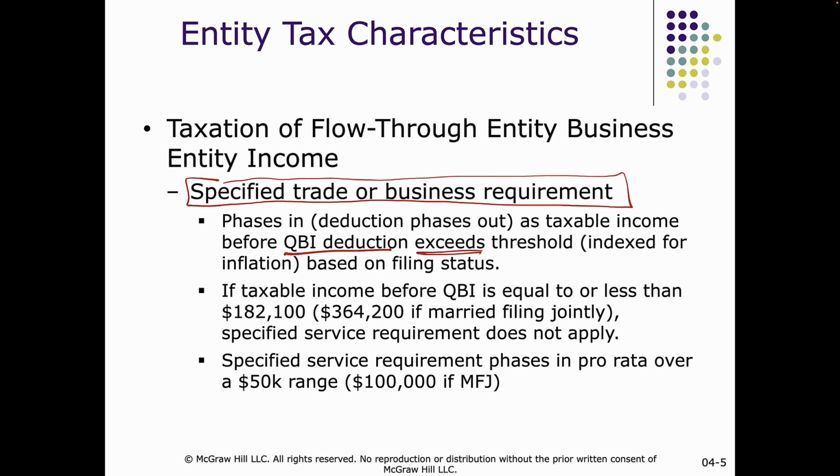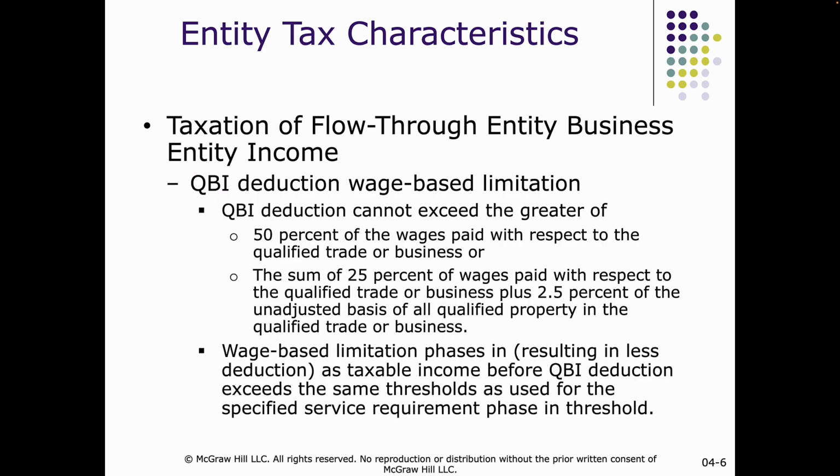So if your taxable income before the qualified business income deduction is equal to or less than $182,100, or $364,200 if you're married filing jointly, then that specified service requirement does not apply. The specified service requirement can phase in pro rata over a $50,000 range, or $100,000 if you're married filing jointly.